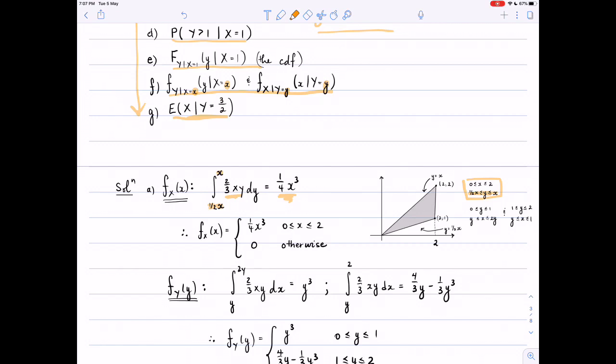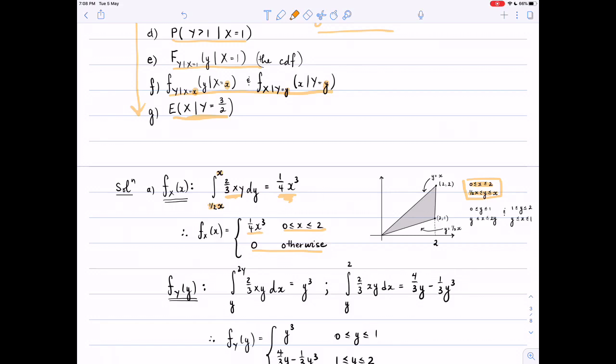Now, we're going to be a little bit more precise. We're going to be very careful to add the complete density function, because we're going to see in the next marginal that it's not quite so obvious. So here, what's left over is 1/4 x cubed, for x from 0 to 2, and 0 otherwise.